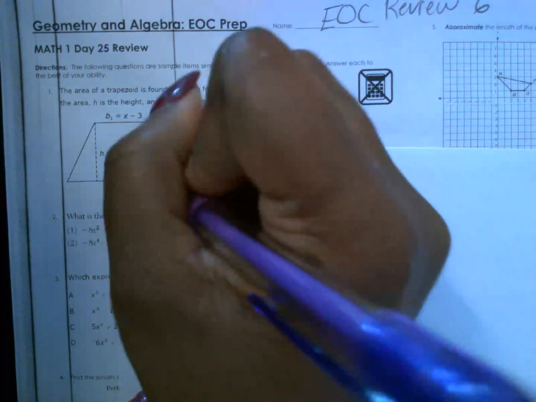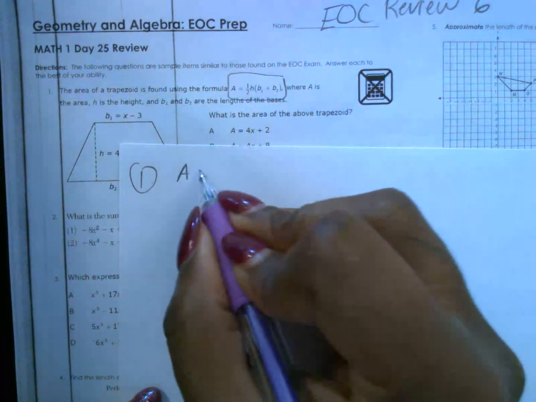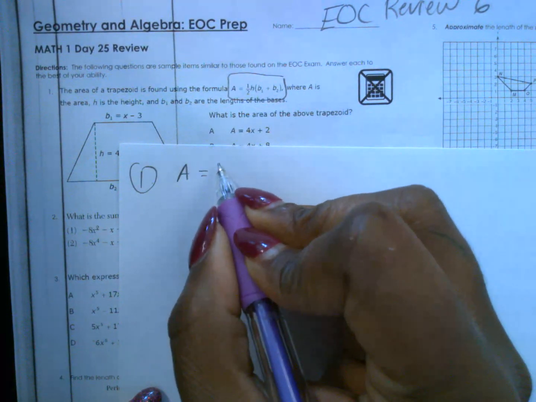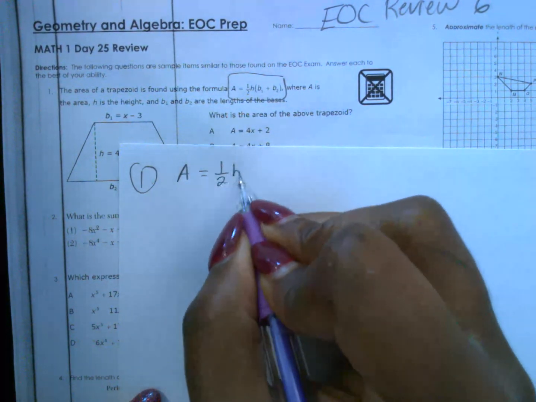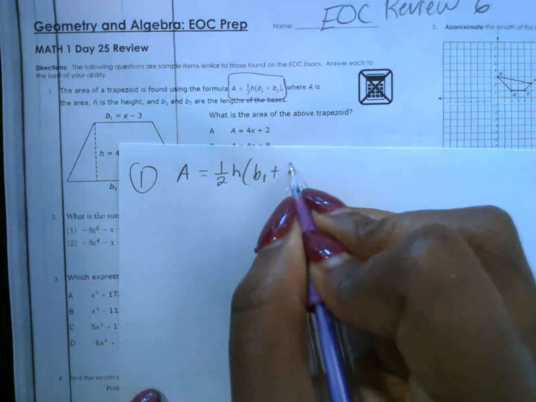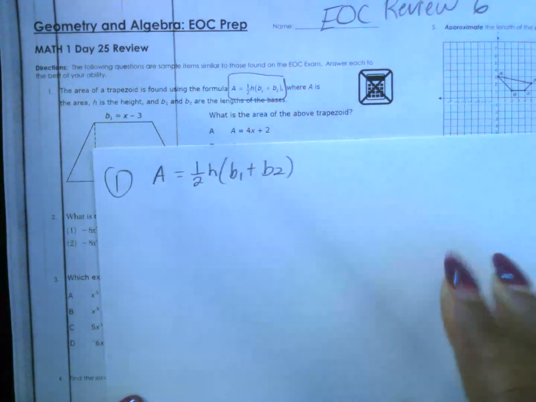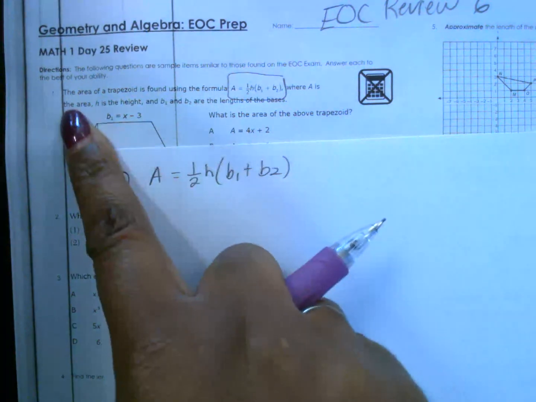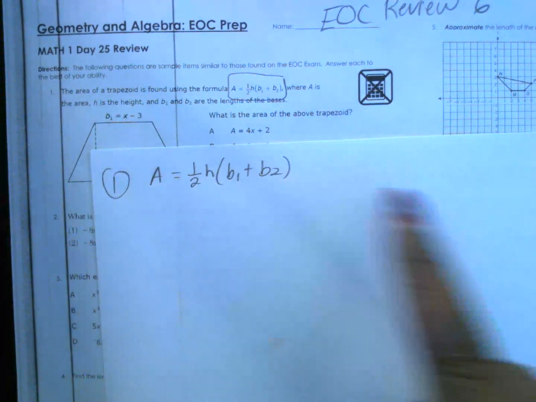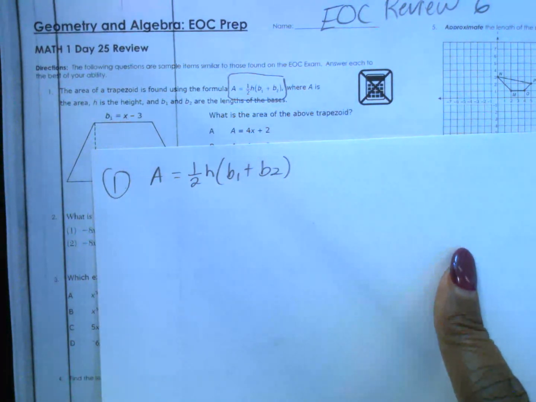So number one, the formula for the area of a trapezoid is A equals 1/2 height, and you add the bases together, B1 plus B2. A represents area, H represents height, and then we have the bases as the lengths of the bases. What is the area?